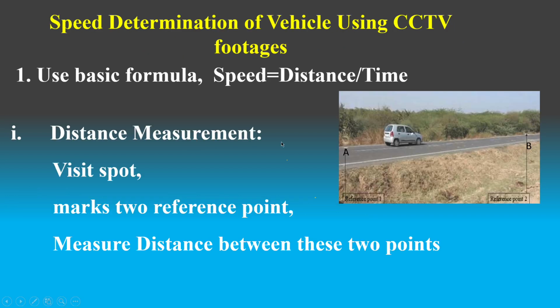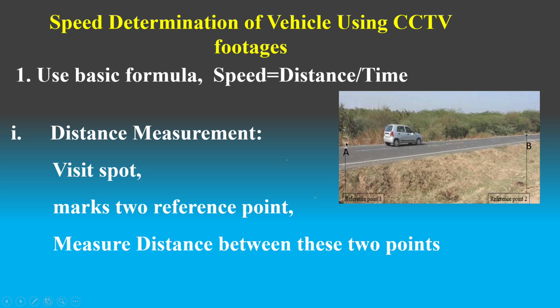So how is the distance measured? There are different methods for measurement of the distance. The first method is by analysis of the video, you have to mark two reference points.